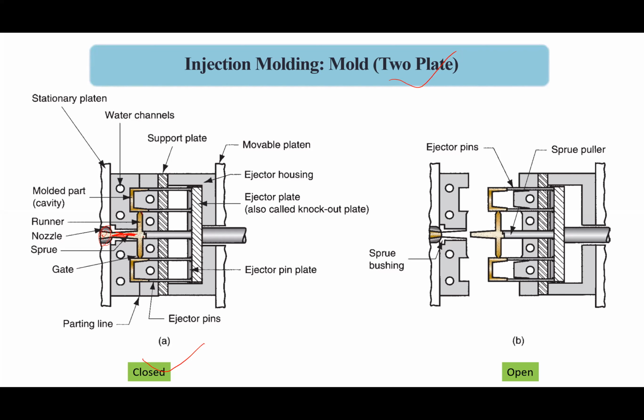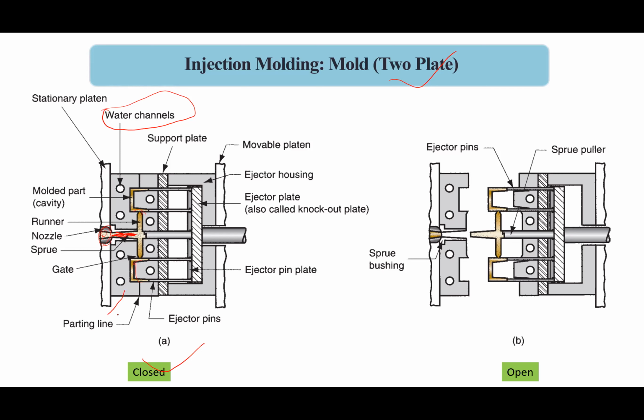The nozzle actually puts the molten material into the cavity, and then this is the cavity in here, and the cavity and the water channels that I was talking about in the previous slide. The water channel actually works as a cooling water is supplied through these channels on both platens.